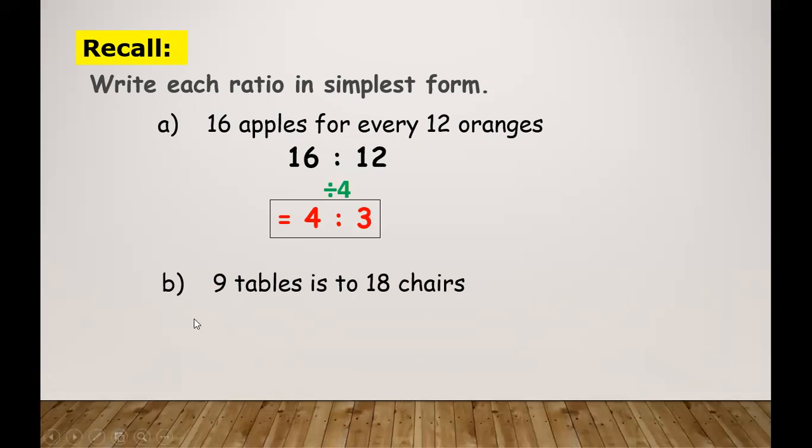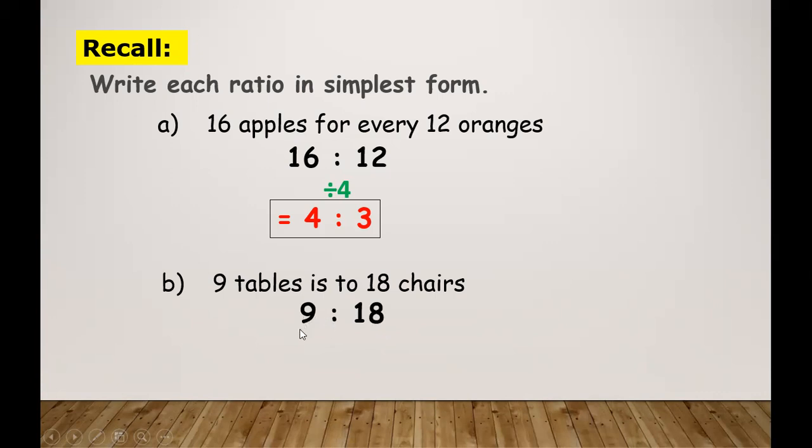Now let's do the other one. 9 tables is to 18 chairs. So we are going to write 9:18. Now you have to think, what is the common factor of 9 and 18? Or what number can we divide both by?